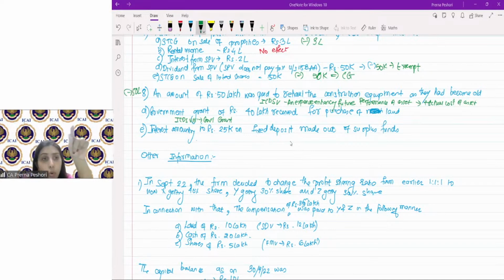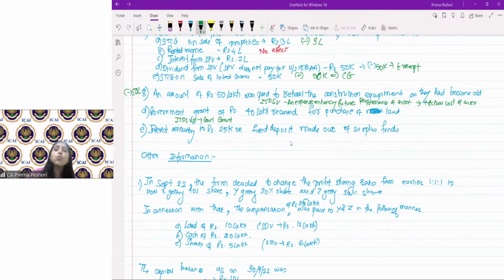Even under section 2(24), which is the definition of income, it provides that income includes any grant or any cash incentive or any duty drawback or any subsidy received from the government or any other authority, other than the subsidy which is reduced from the actual cost of the depreciable asset.